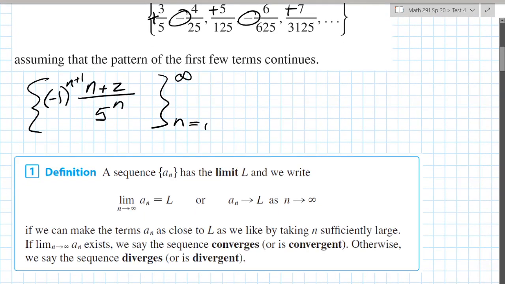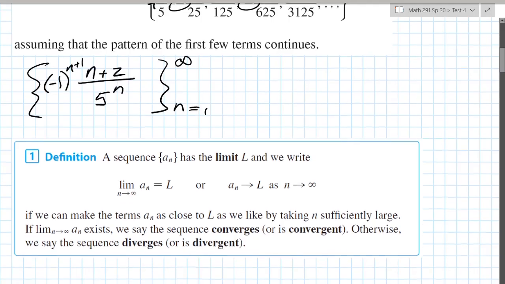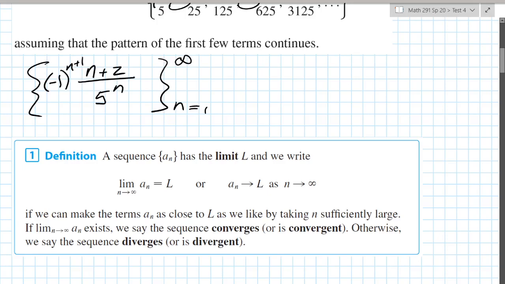Next, we want to look at what it means to have a limit of a sequence. So the sequence a sub n has a limit L, and we write the limit of a sub n as n approaches infinity is equal to L, or the a sub n term is approaching L as n approaches infinity.